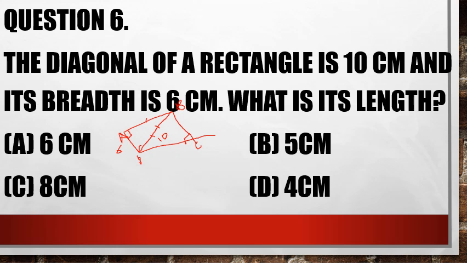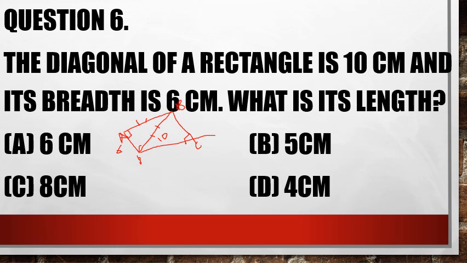The length of the hypotenuse is 10 centimeter, and this is the breadth. We can say this is the perpendicular of the right angle triangle, and the length is working as the base of the right angle triangle.